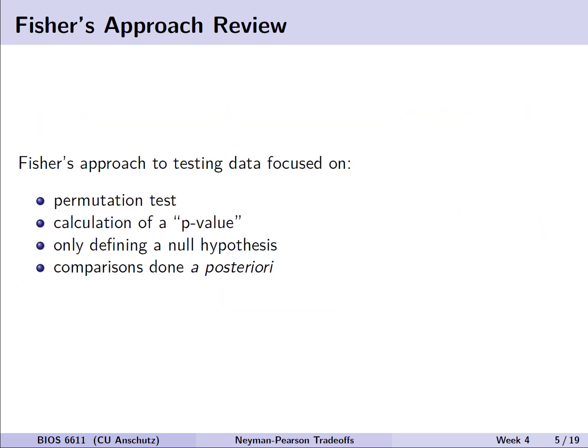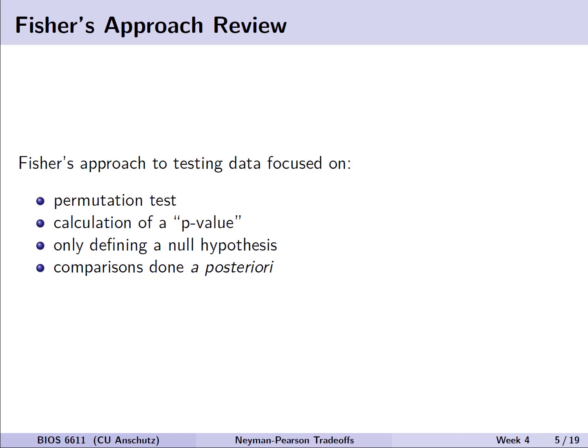Now, we had a lecture before this looking at Fisher's approach to analyzing data. Just briefly to summarize there, the approach proposed by Fisher really focused on this idea of what we can think of as a permutation test, which is also something we'll explore in a few weeks. Fisher had this idea of calculating what we would think of as a p-value.